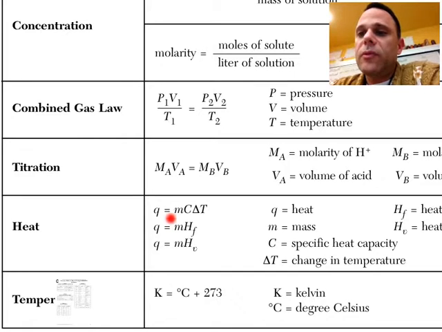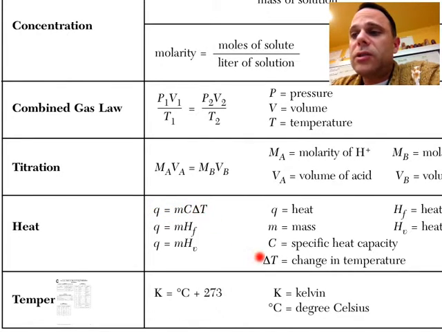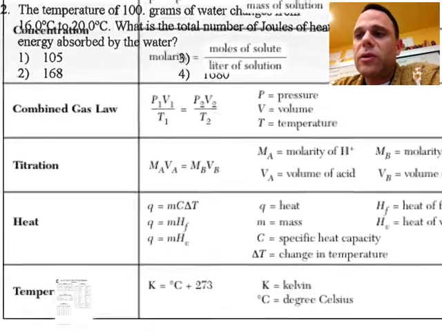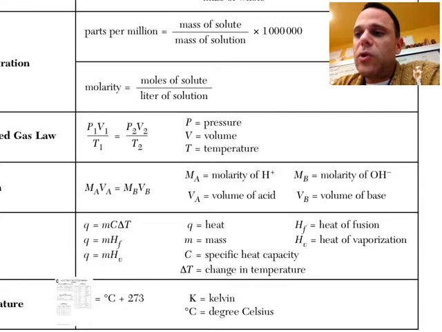Here they are. Q is equal to mc delta T, where delta T means change in temperature, c is specific heat capacity, m is mass, and Q is heat. Q is equal to m, mass, times Hf, heat of fusion. Fusion occurs when a substance melts, so going from a solid to a liquid.